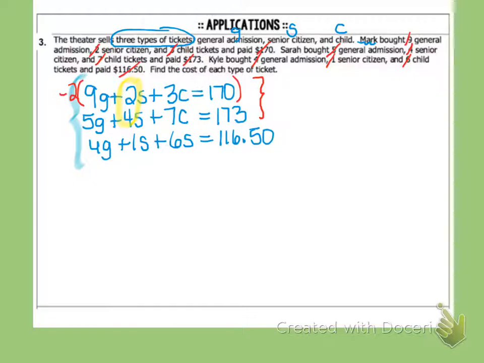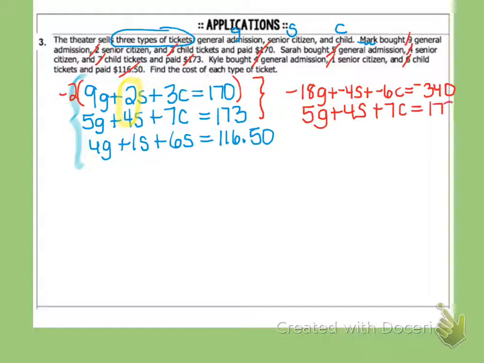And then I'm going to rewrite it. So if I multiplied everything by -2, that's negative 18g plus negative 4s plus negative 6c equals negative 340. And then I'll also rewrite that second equation, 5g plus 4s plus 7c equals 173.